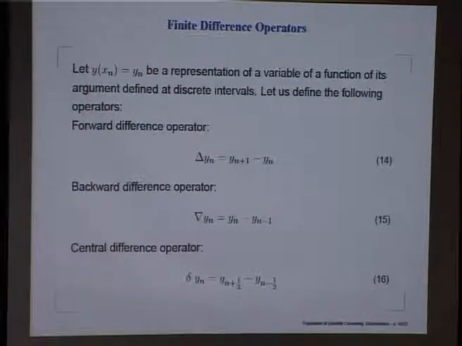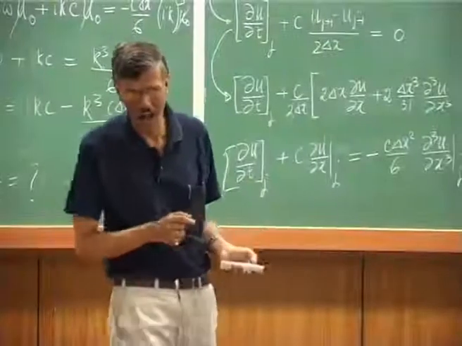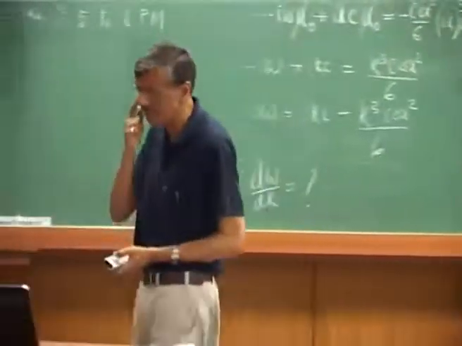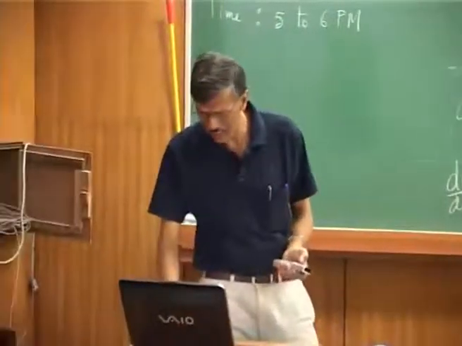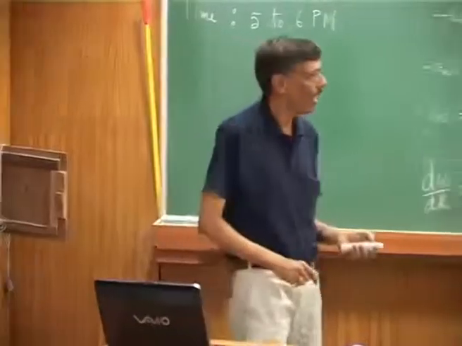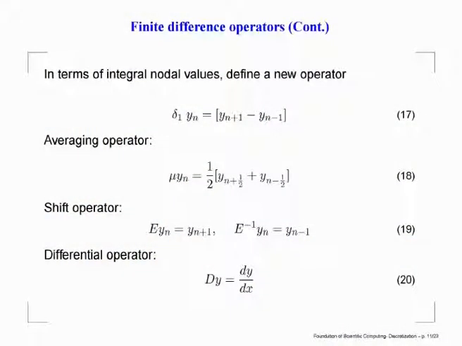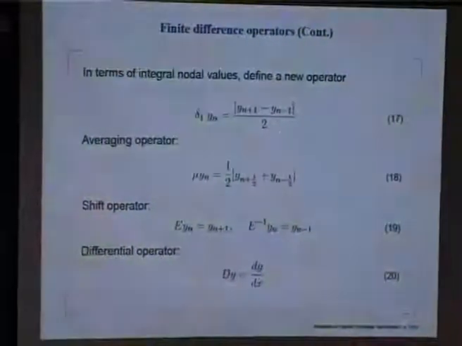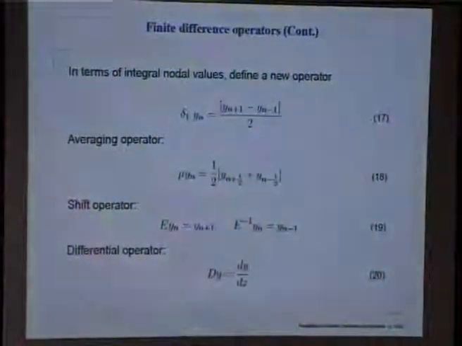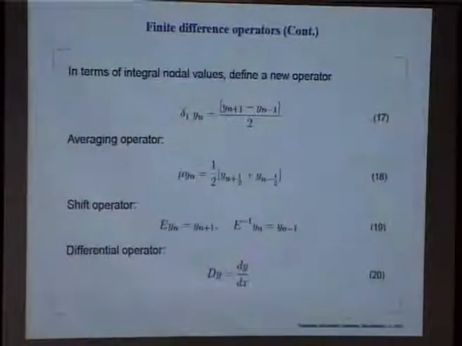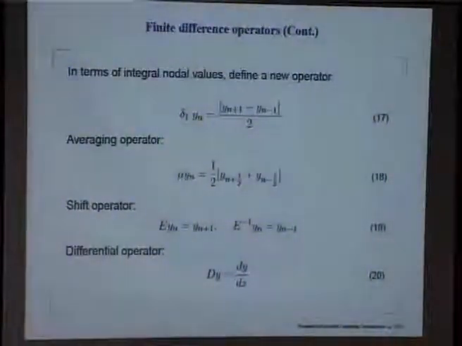So, that is the motivation for taking these half node points to the right and left in defining this. As I told you, we could also adopt integral node values, then you realize that I may have to divide it by a factor of 2, because that is the distance between the extreme nodes, right, 2 delta x.